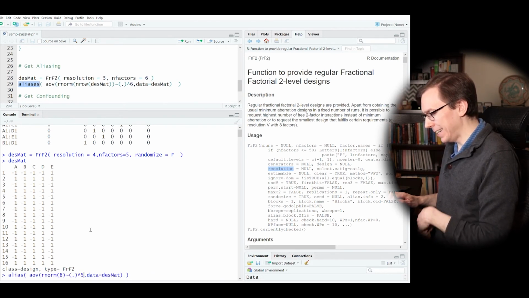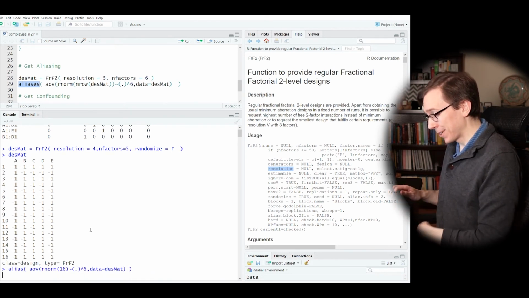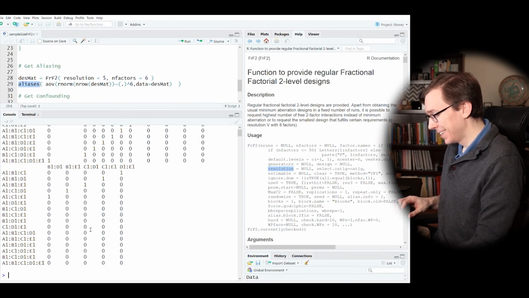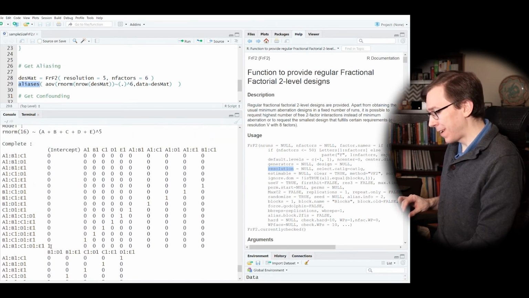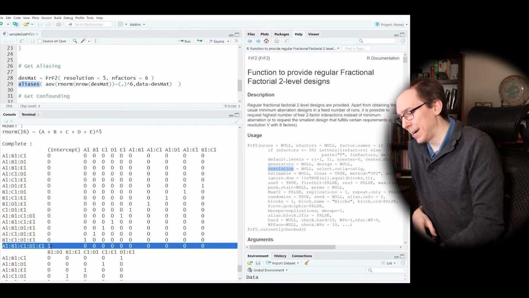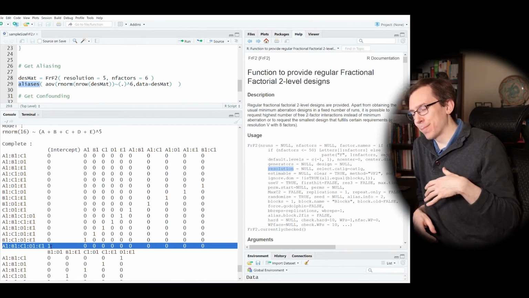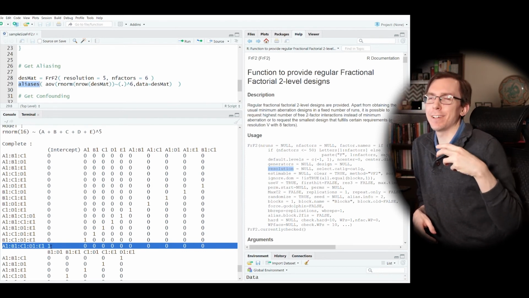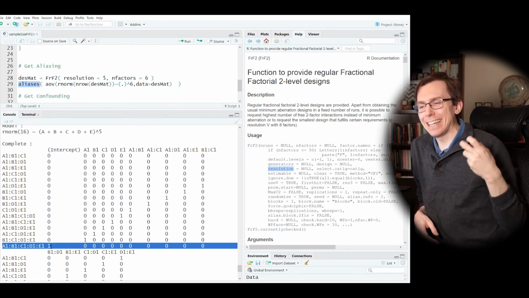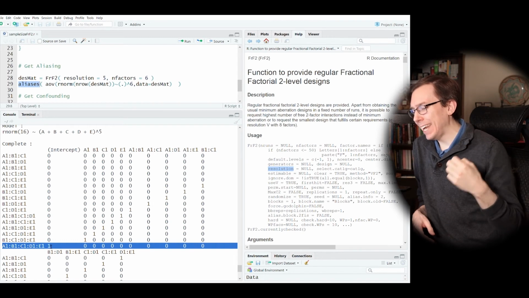I can go back here and look at the aliasing relations, and what I find out is that I actually have a resolution 5 design, because on 16 observations, the resolution 4 and the resolution 5 can both be achieved, and neither of them can be achieved on 8.